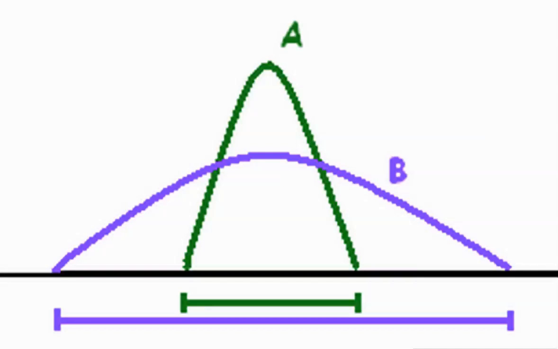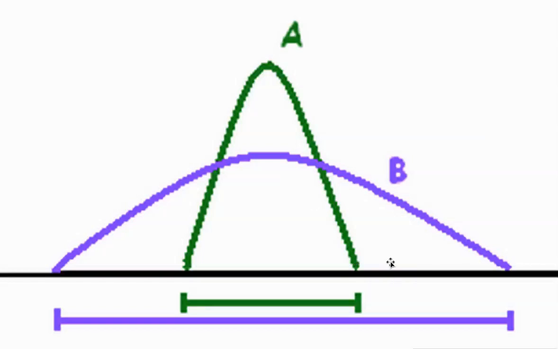What are we trying to do really here? We're trying to see the spread of the data. Look at these two examples of different data sets with different variation or different spread. For data set A, suppose the minimum is 3 and the maximum is 7, while for data set B, the minimum is 0 and the maximum is 10.